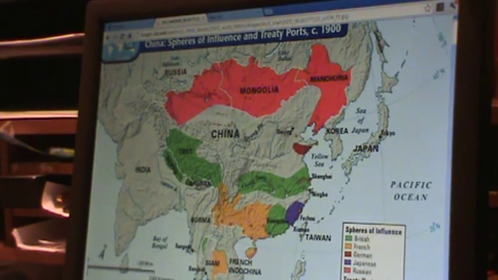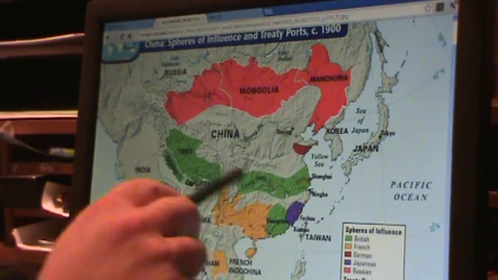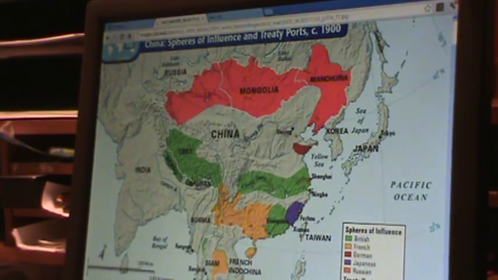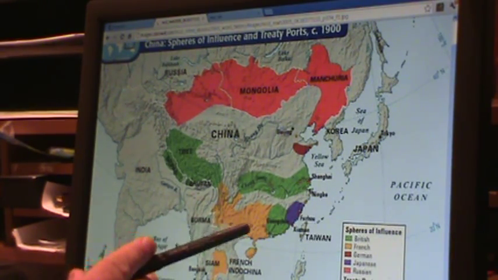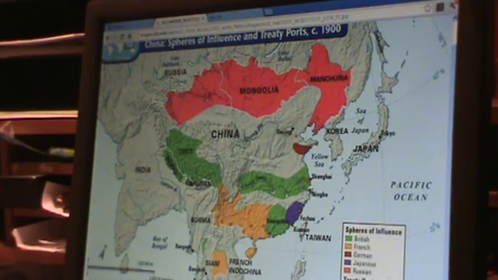The spheres of influence got to be so large that the Europeans established what is known as extraterritoriality. And that's a long word with a very simple concept. What it means is if you were an English guy living in the English sphere of influence, you were subject to English laws, not Chinese laws. If you were a Frenchman living in the French sphere of influence, you were subject to French laws, not Chinese laws.